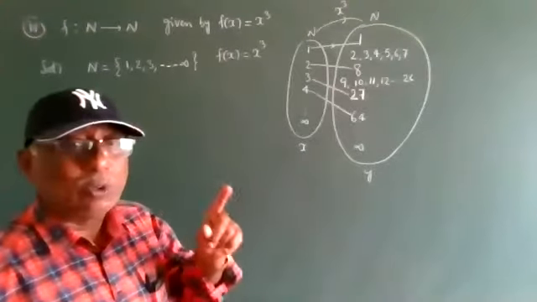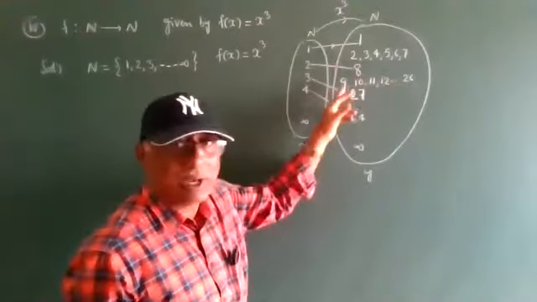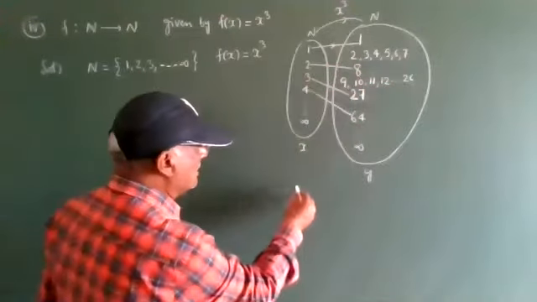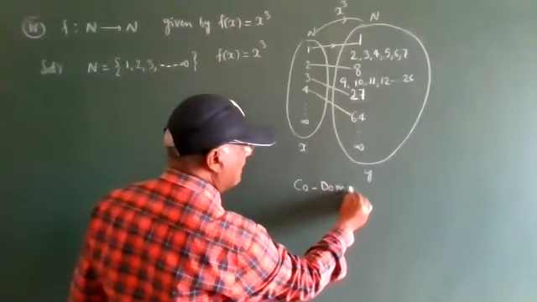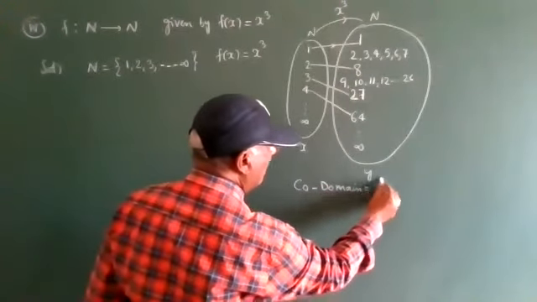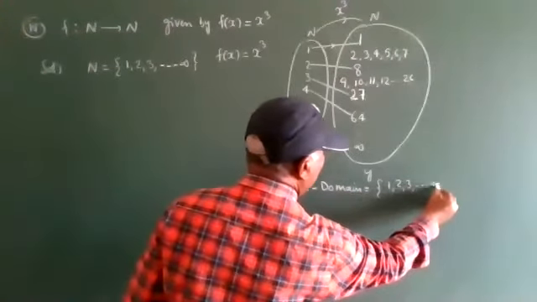Is it onto or not onto? Codomain is 1, 2, 3, 4, 5, 6, 7, 8, that is, 1, 2, 3, 4 up to infinity.